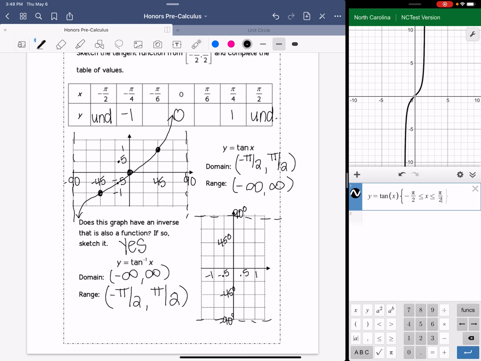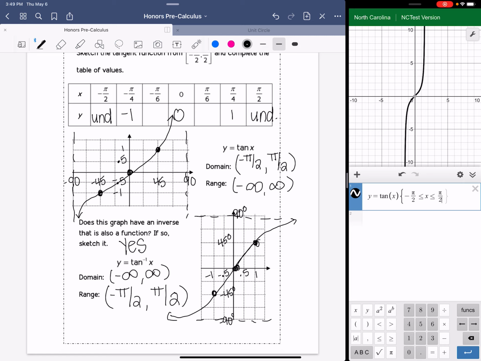So where we had 0, 0 still going to be the same. But at 45, I'm going to equal 1 and 45, and then negative 1 and negative 45. So we're going to have this graph here, and it's going to do that curving on both sides, okay?